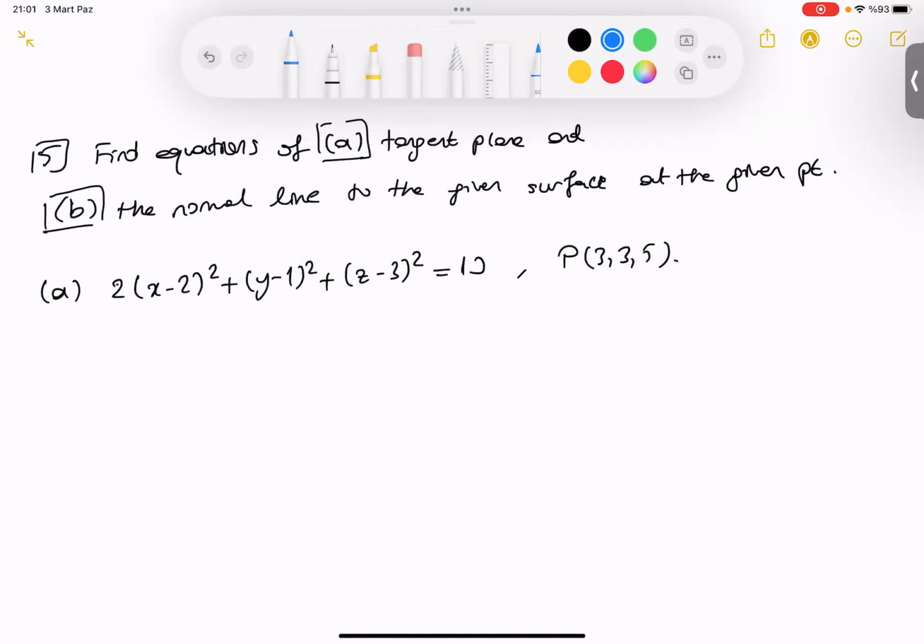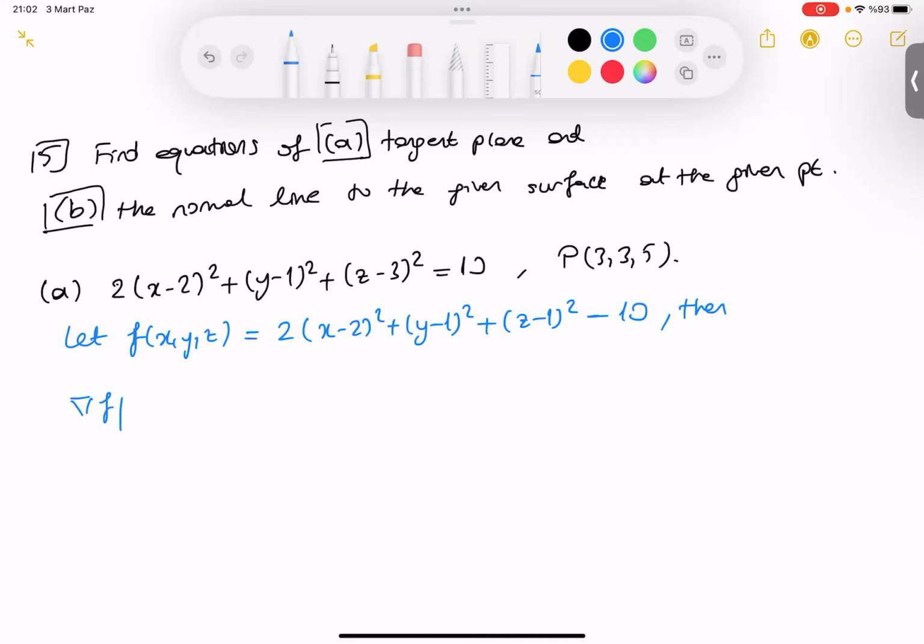For that, we need a normal vector first. So how do we find it? First, let f of x, y, z equal this given function minus 10. And the normal vector at the given point is given by this gradient at P, right?